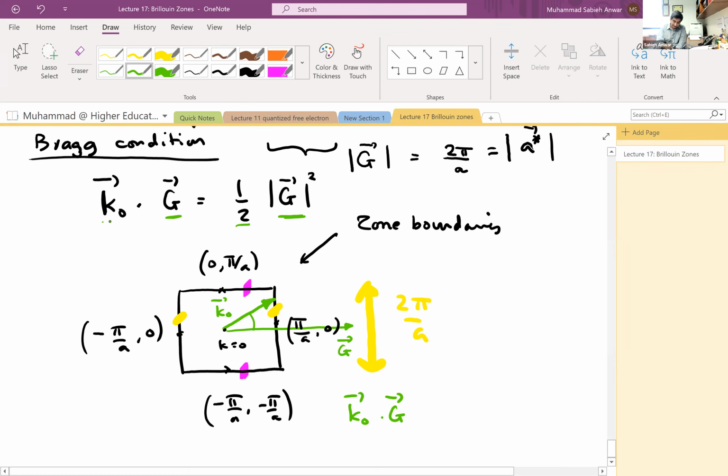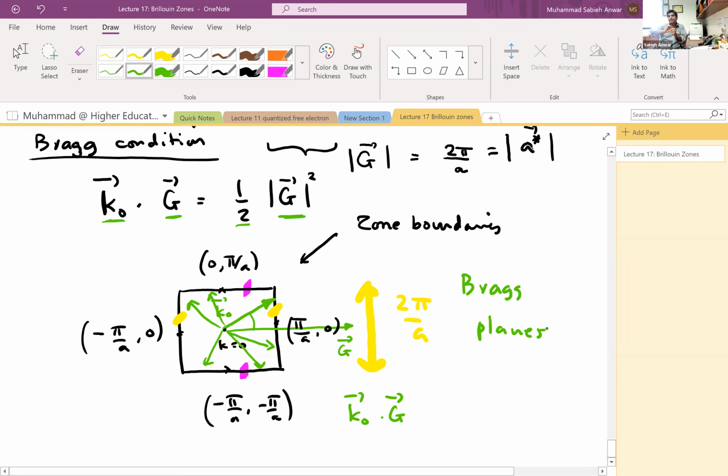So this expression becomes equal to half g squared. So all the points on the zone boundaries satisfy the Bragg condition, which means that these bounding planes of the first Brillouin zone are nothing but the Bragg planes.